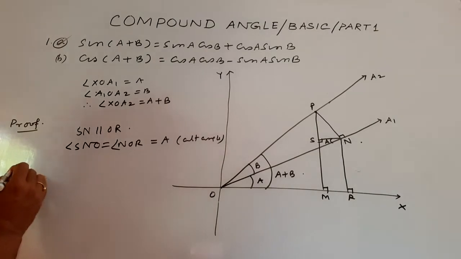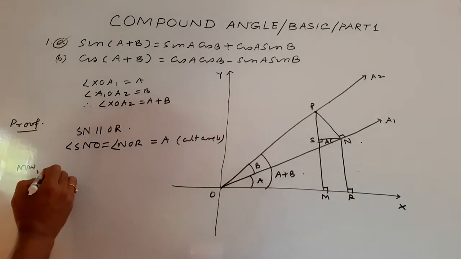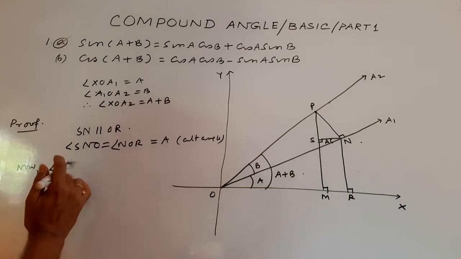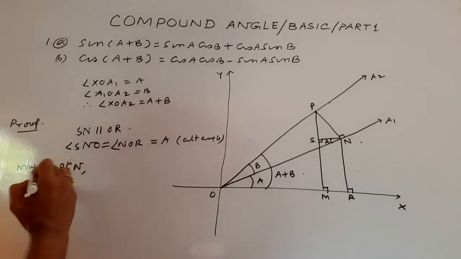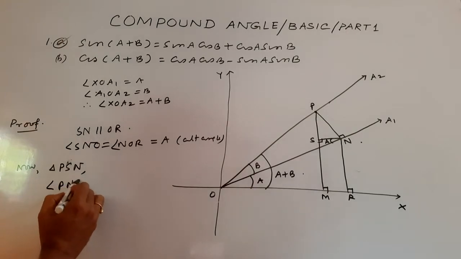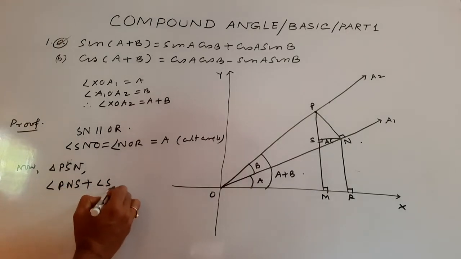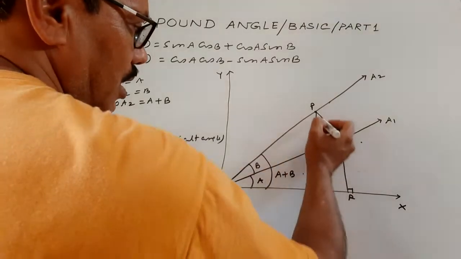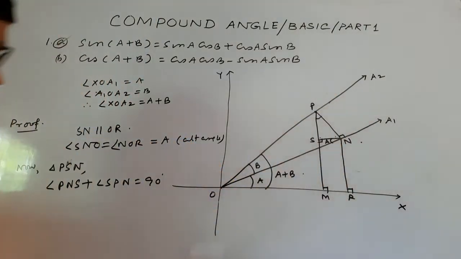Now from triangle PSN, S is 90. So therefore PNS plus SPN equals 90. This one is 90, therefore the sum of these two angles is 90.